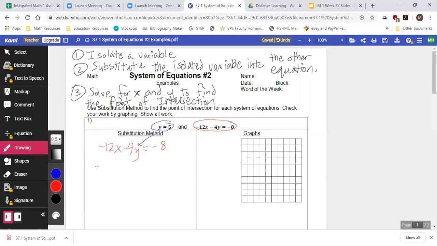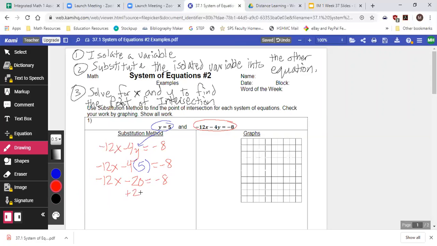So we now have negative 12x minus 4 times y, which is 5, equals negative 8. Now we just simplify this and we get negative 12x minus 20, since 4 times 5 is 20, equals negative 8.